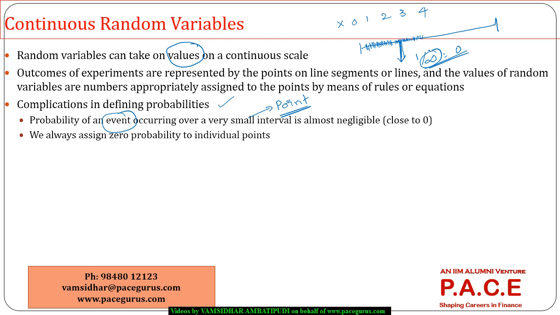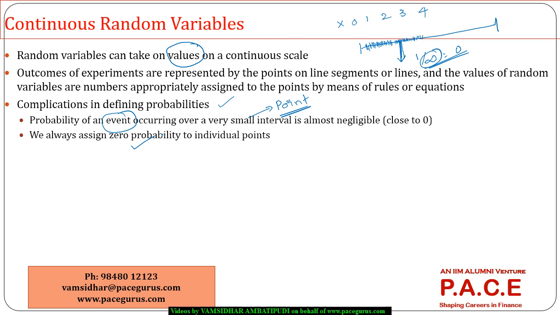So the probability of that one single point in the case of a continuous random variable is always 0. That's one thing we have to always remember. When we are assigning a probability to individual points while working with continuous random variables, we always assign a probability of 0 to the individual points. Right? That's one more important point that we really need to understand.